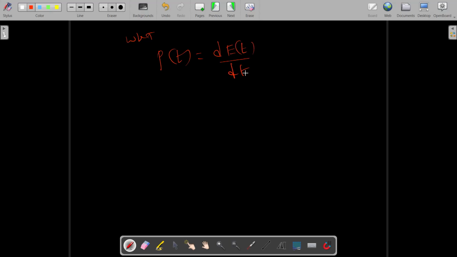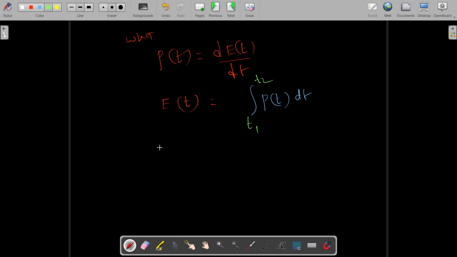If I want energy from here, E of t is going to be the integration of P of t into dt. The limits can be anything, for example t1 to t2, and in general minus infinity to plus infinity.